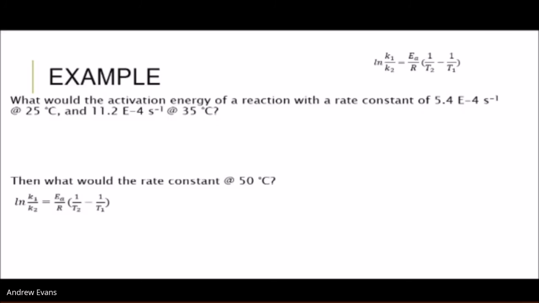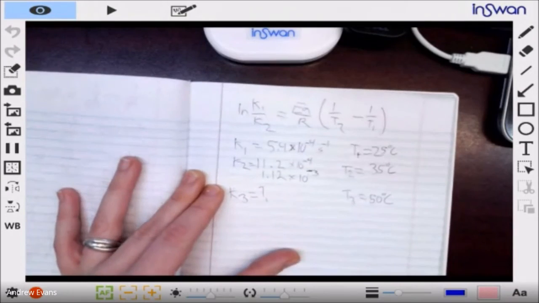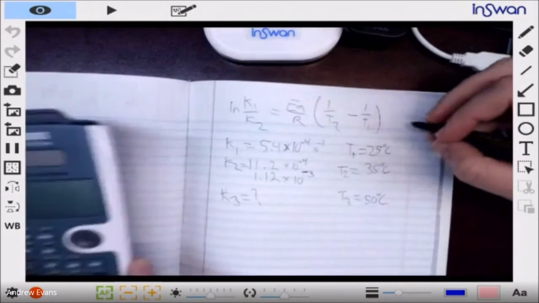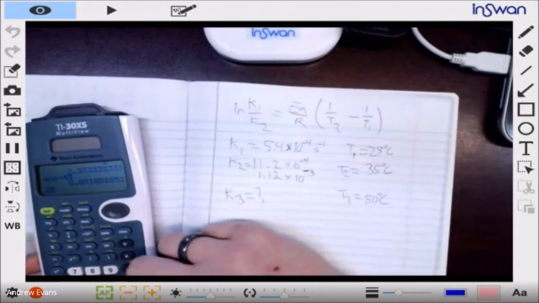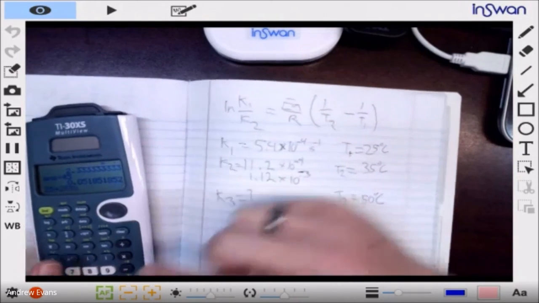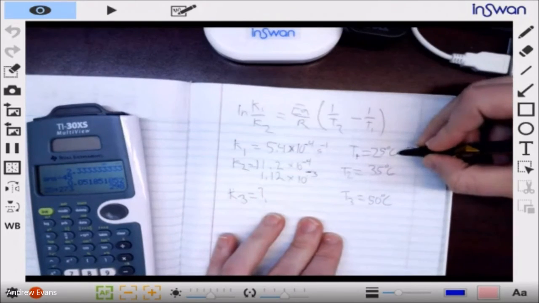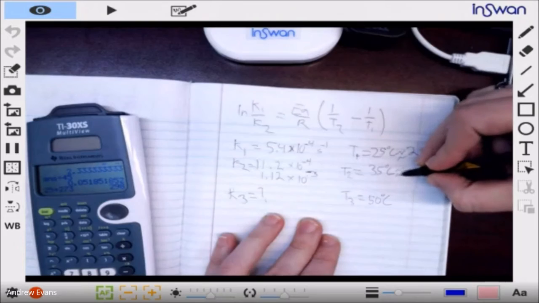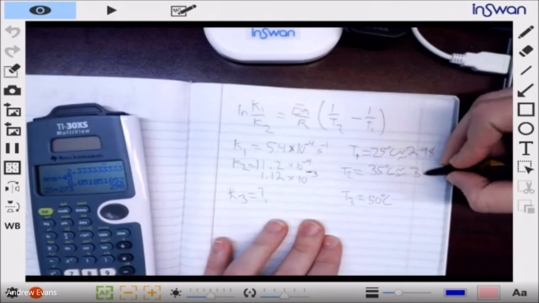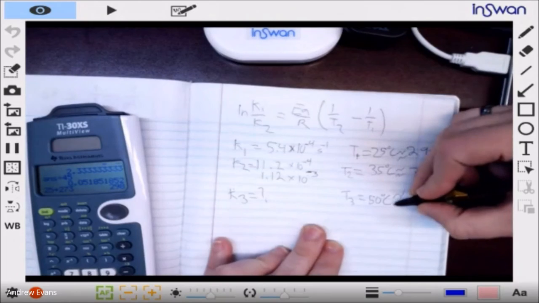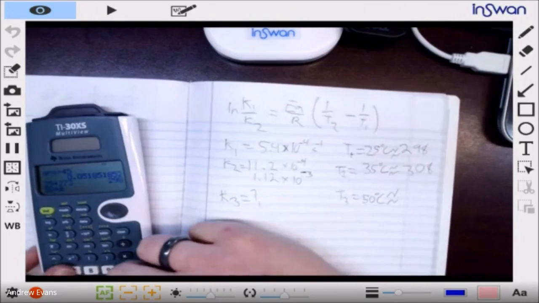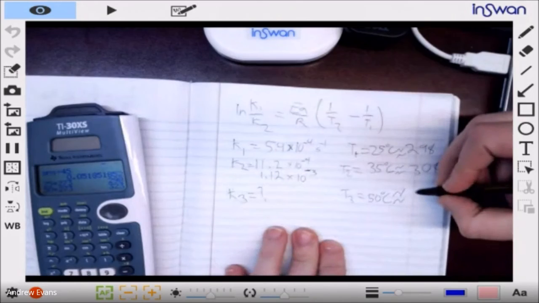Okay, so the first thing is to set up and solve for EA. One thing we have to do is turn our temperatures into Kelvin. So 25 degrees plus 273 is 298. 35 degrees plus 273 is 308. 50 degrees plus 273 is 323.